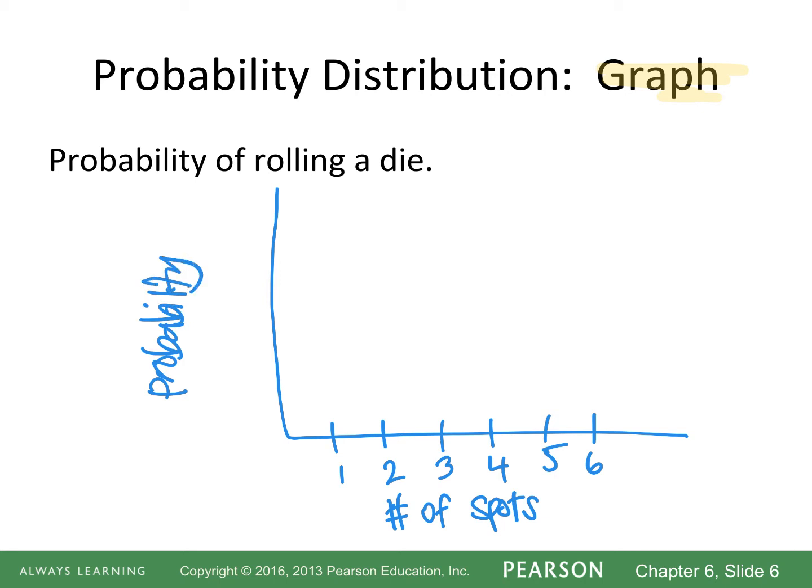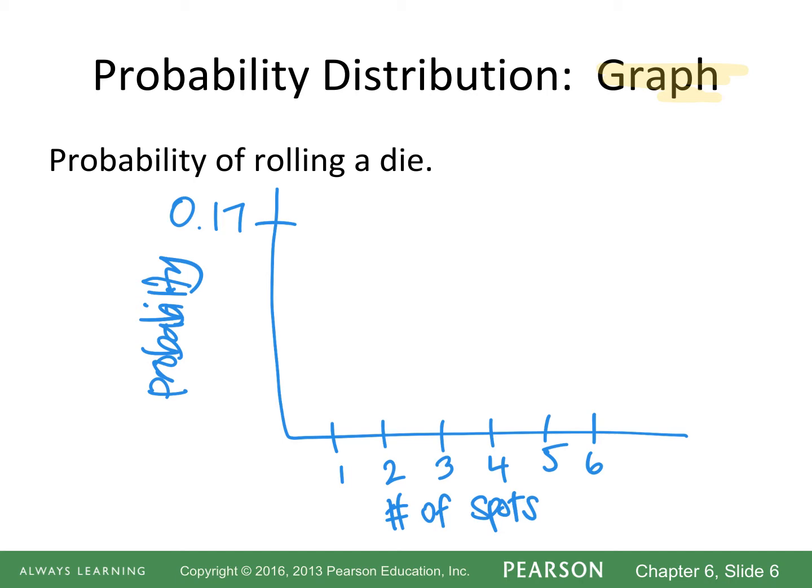Because they each have the same probability, 1 out of 6, and usually in a graph they'll display probabilities as a decimal or a percent, I'm going to change this 1 out of 6 to 0.17 instead.